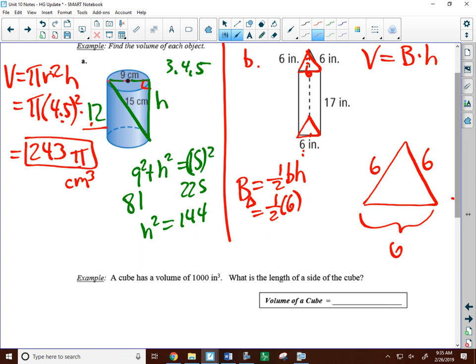This is my base, and this is my height. So base is 6. Then to get the height, it's not 6. I need to do something. The height is an altitude, so it's perpendicular. That's one option. Or, as she said, it splits it in half, which it does, making 3 and 3 there.